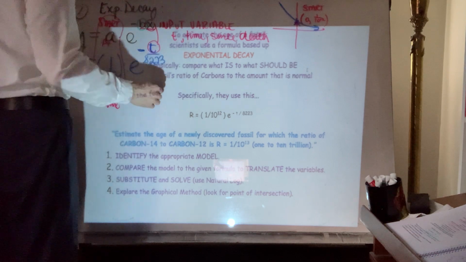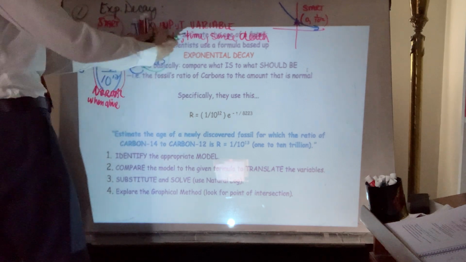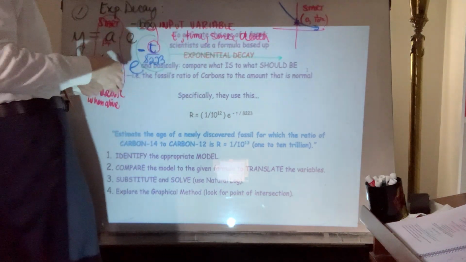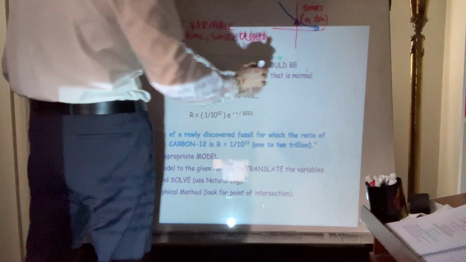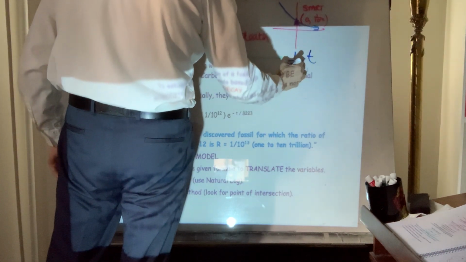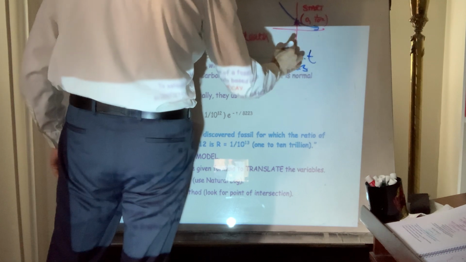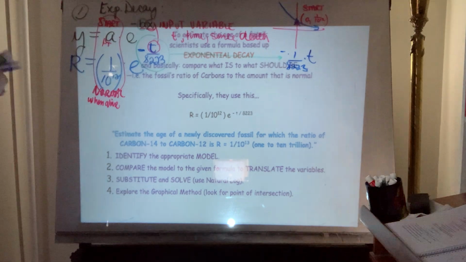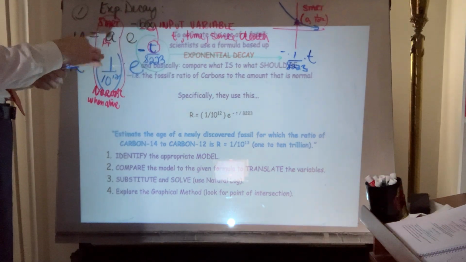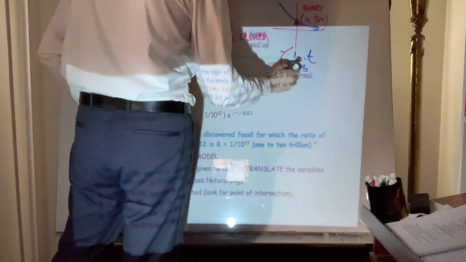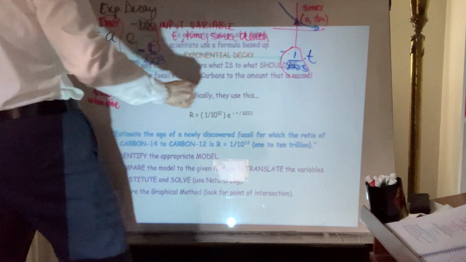If you were to split it apart, you would see t times 1 over 8,223, and a negative here. This is what the b value is. That's b.